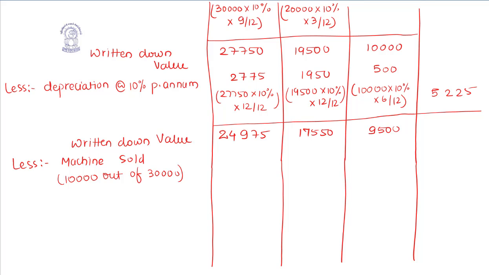So the written down value is 24,975. We need to do one third. So 1 by 3 multiplied by 24,975 equals, do it on your calculators, 8325.